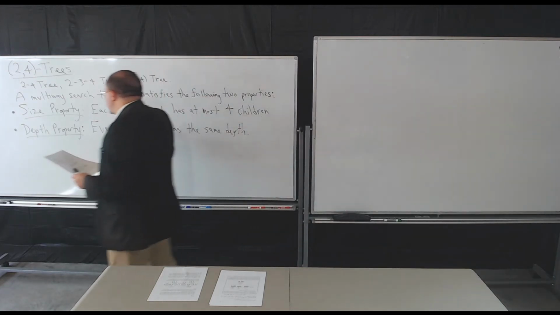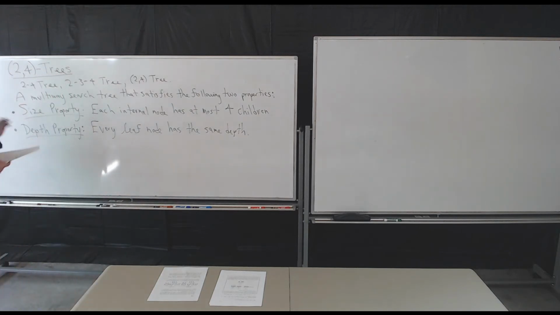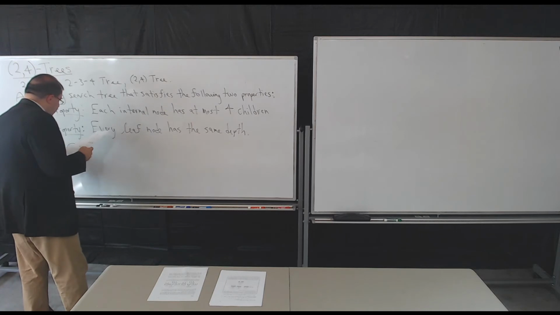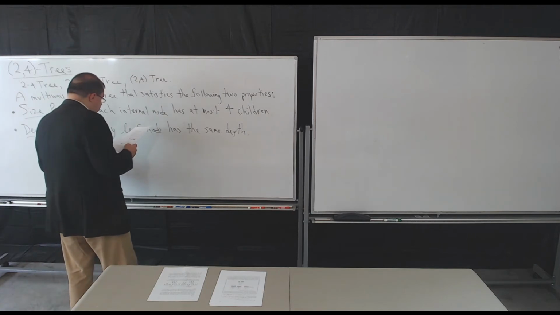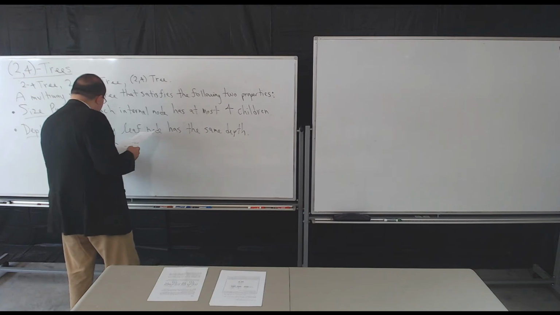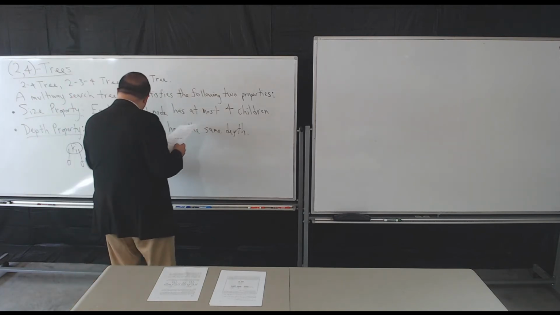So when you think about a 2-4 tree, the nodes are only going to look like the following. In our tree, you only have nodes that look like this: a 2 node, a 3 node, and a 4 node.